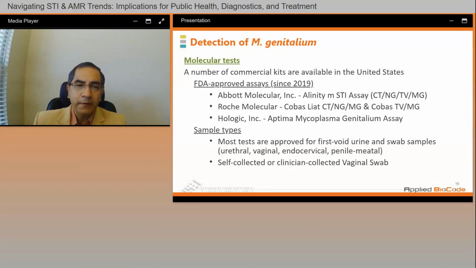Most tests are approved for first void urine and swab specimens from urethral, vaginal, endocervical, or penis. Clinician collected specimens and self-collected vaginal swabs are approved for testing on these tests.